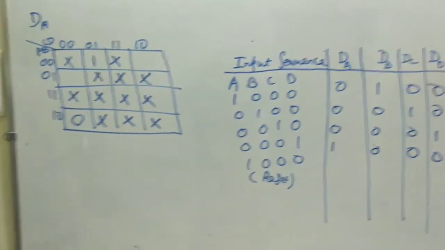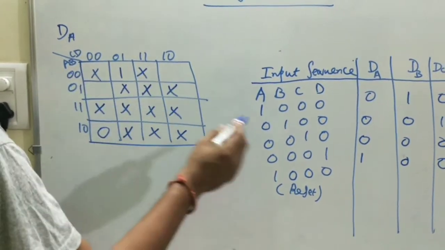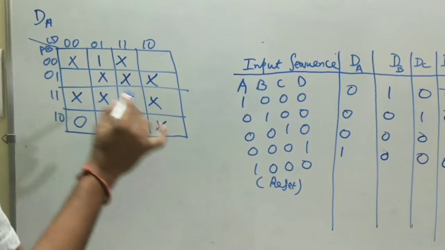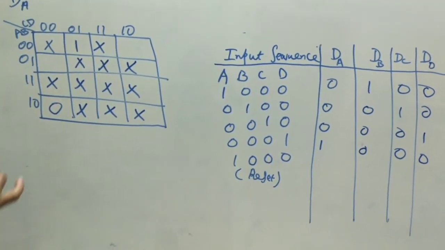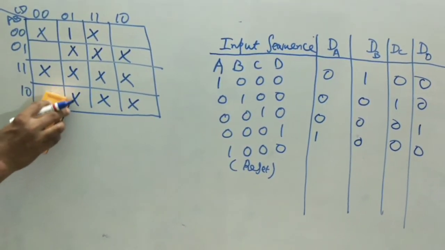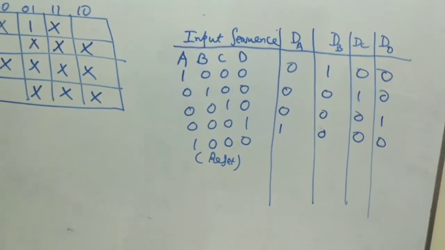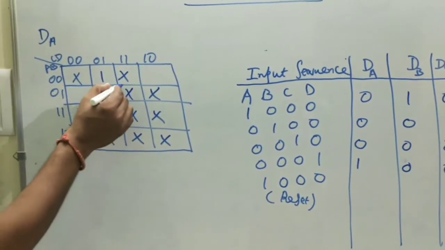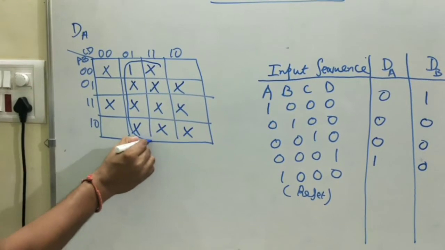Okay, is it clear? So 0 0 1 0 is 0, we didn't plot it. 0 1 0 0 is also 0, we didn't plot it. Similarly 1 0 0 0 is 0, so we need not plot it here. We are going to plot only the 1s or otherwise the don't cares. We can select this as a quad.